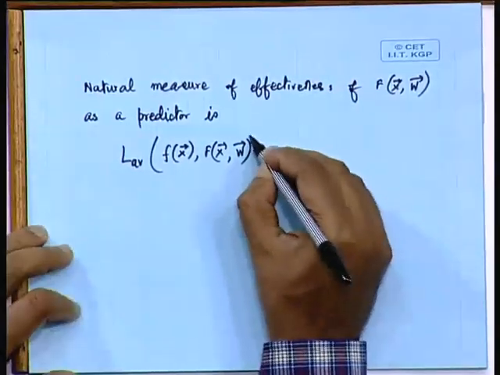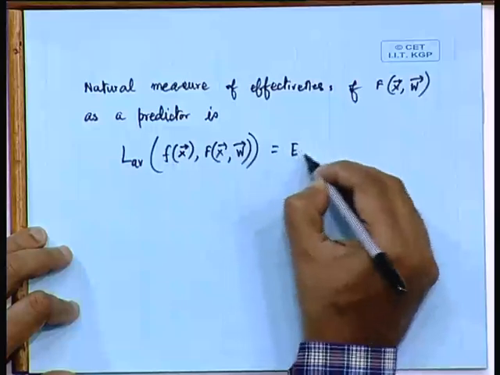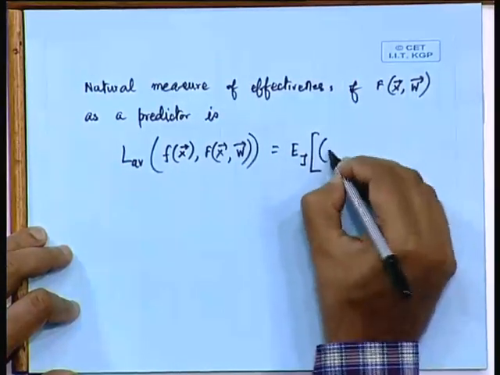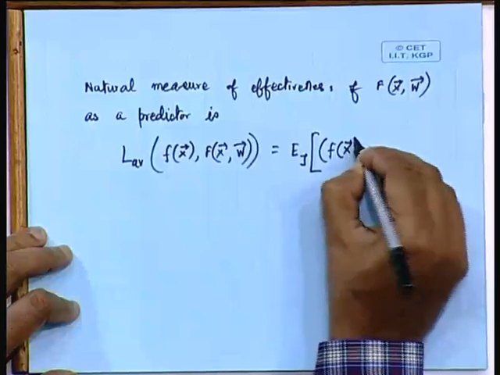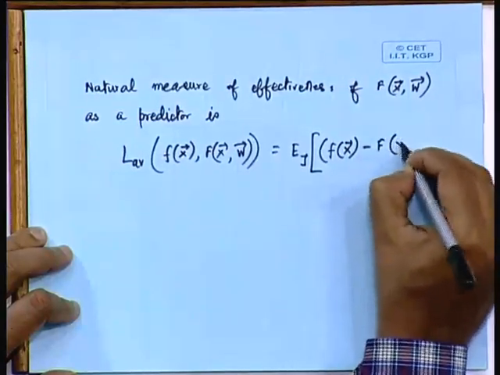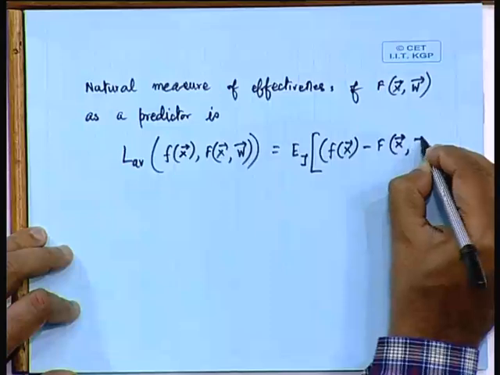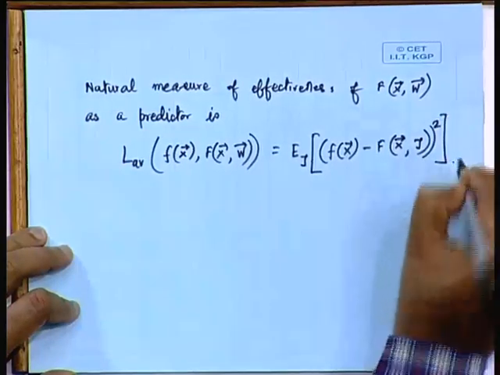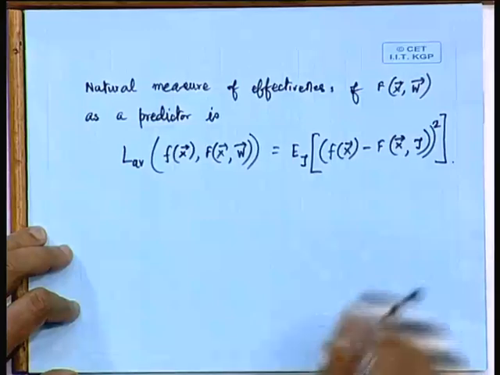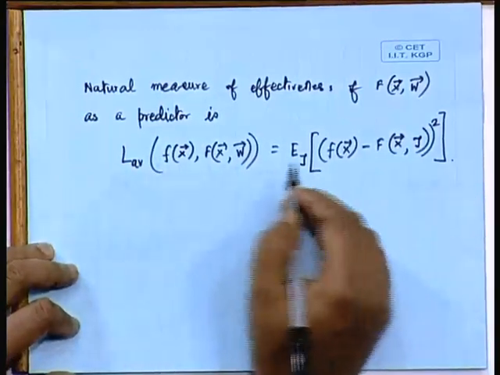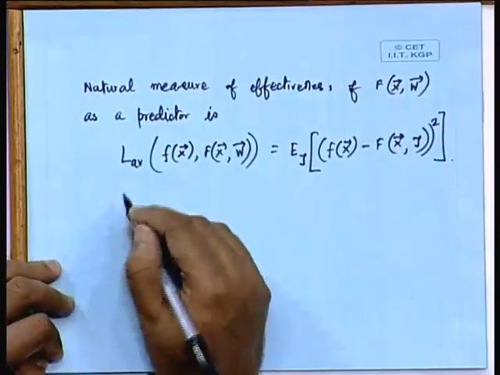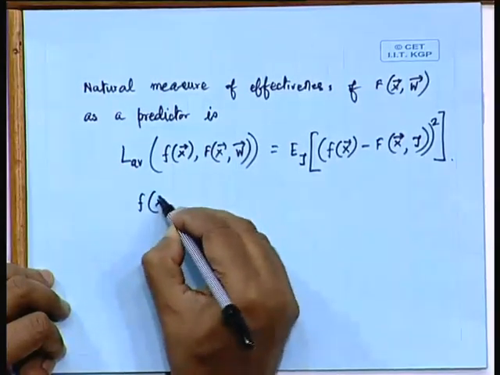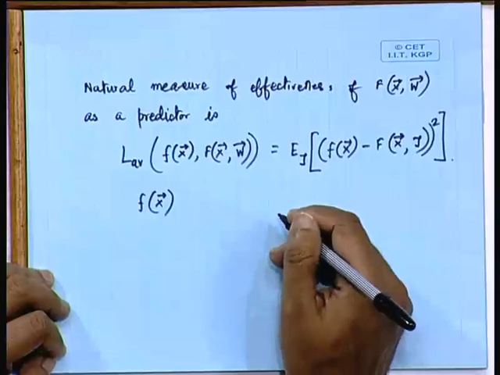So, this will be E over the training set T, the average of this f of x minus f of x comma T, this term squared, the expectation of this. So, this is the natural measure of effectiveness, and now let us invoke the original definition of our f of x. After all, what is f of x?